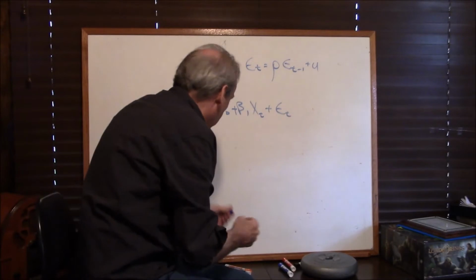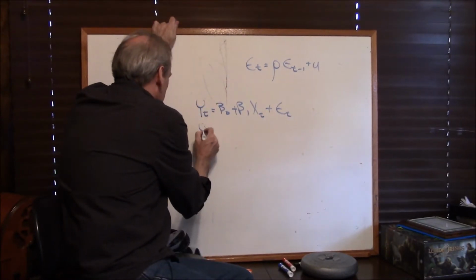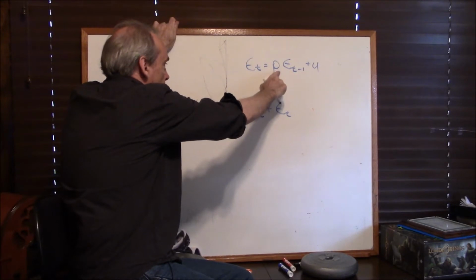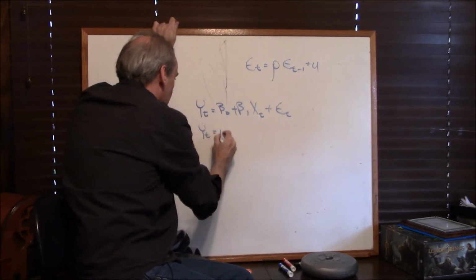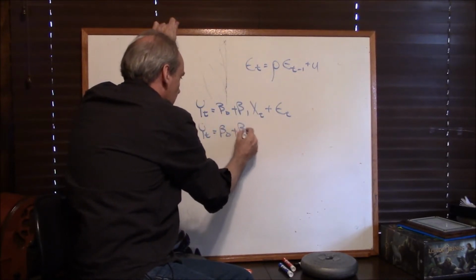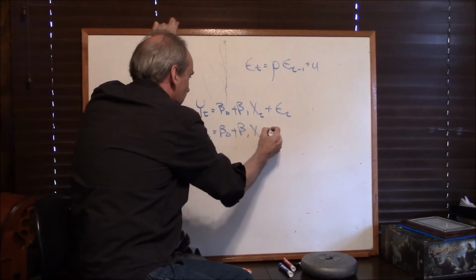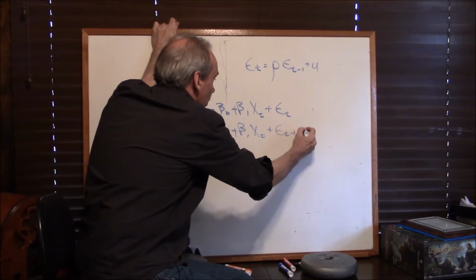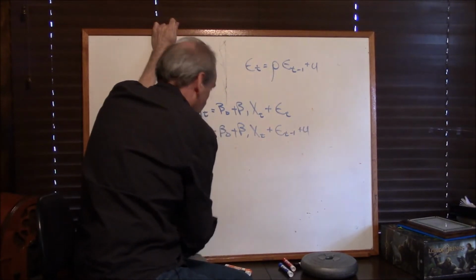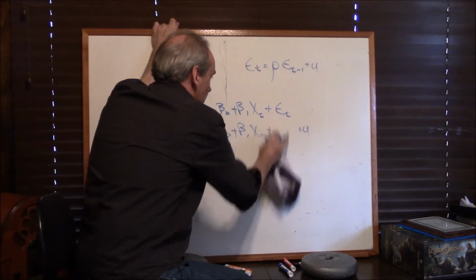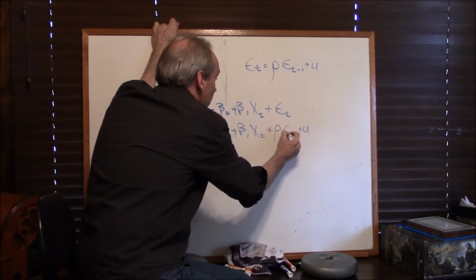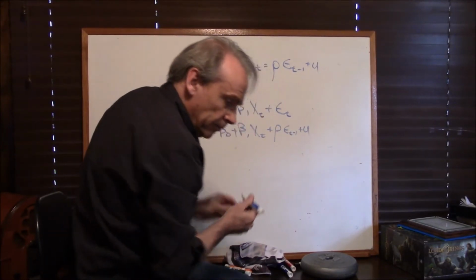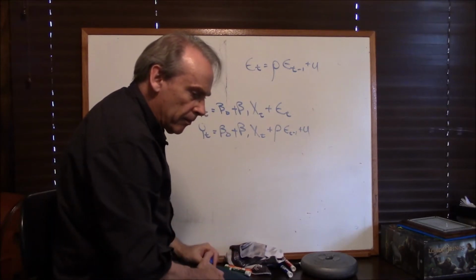So let's rewrite this. We've decided that rho is a statistically significant positive value if we have positive serial correlation. Oh, I forgot the rho, sorry. Rho e sub t minus 1.